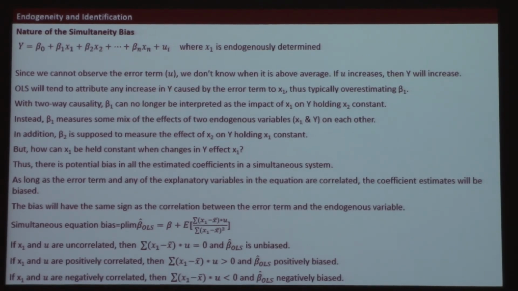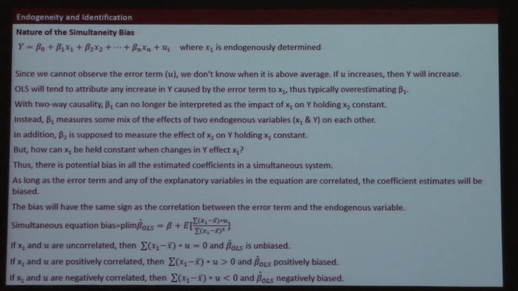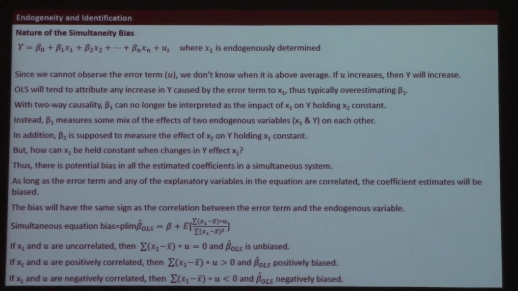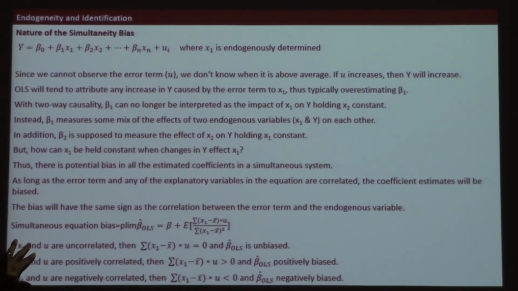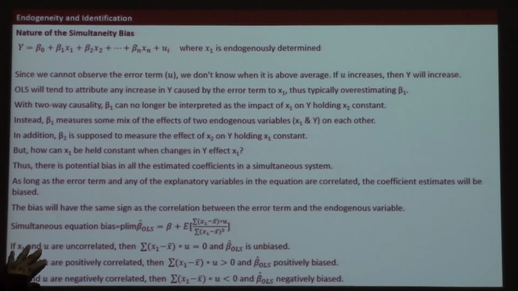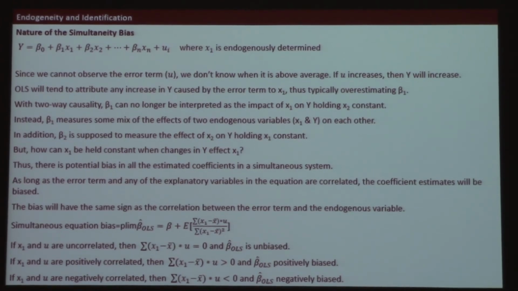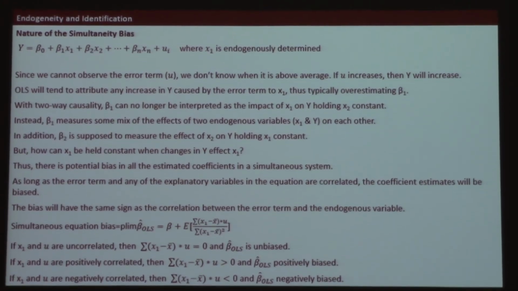Price is our endogenous variable. It's not strictly exogenous. So if our endogenous variable and the error term are uncorrelated, if it's truly exogenous, then we have an unbiased coefficient on price. If they're positively correlated, then there's going to be positive bias. If they're negatively correlated, there's going to be negative bias.